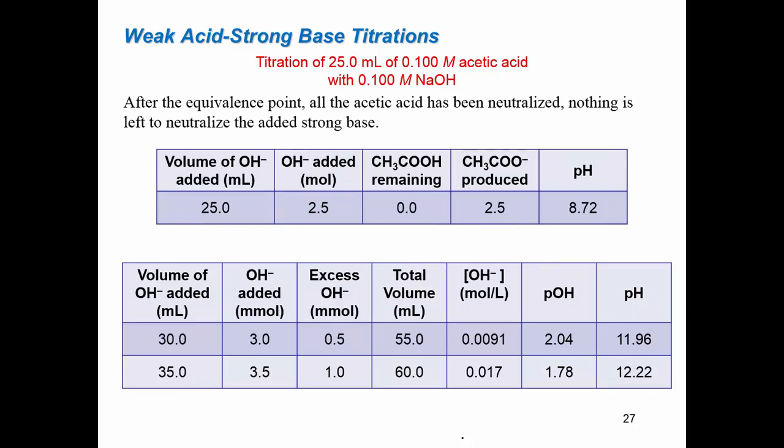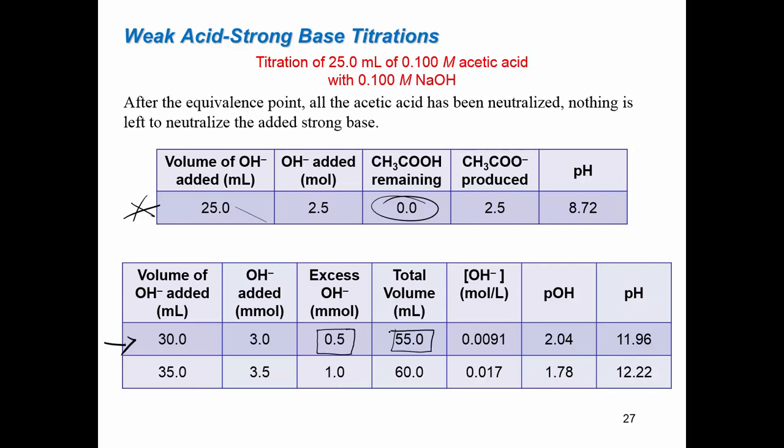Now, after the equivalence point, after you have used all of the acetic acid and it has been neutralized and there's nothing left to neutralize that strong base, then the pH is going to be dependent on that strong base. So looking at these numbers here, if you've added 30 milliliters of your hydroxide, but this was the equivalence point, this is where we had no acid remaining, then what we have is the excess amount of hydroxide and the total volume.